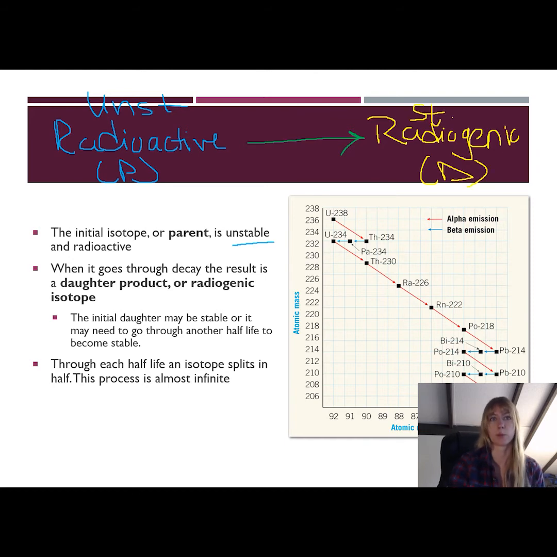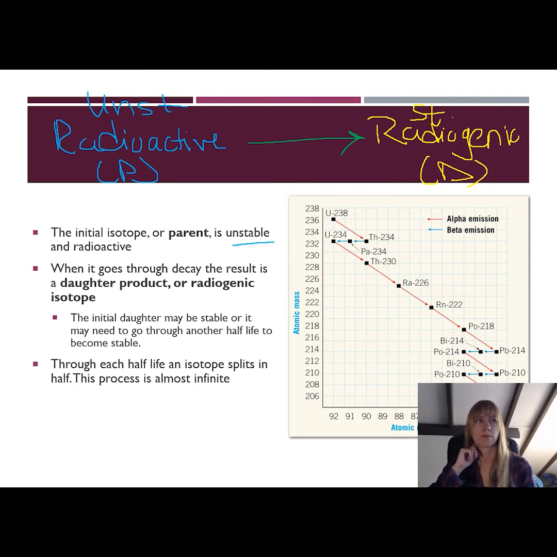And this is stable. Okay, so not all decay pairs have a stable daughter. Some radioactive isotopes as parents will become radioactive isotopes as daughters, and they will continue to decay until they become a radiogenic isotope, which is stable. The pairs that we tend to focus on are a parent-daughter from radioactive to radiogenic.